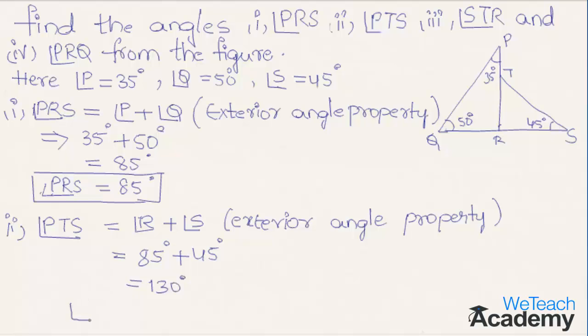So angle PTS, an exterior angle of the triangle TRS, is nothing but 130 degrees. Let us mark these angles 85 degrees and 130 degrees in the figure. Angle R is equal to 85 degrees and angle T is equal to 130 degrees on the figure.